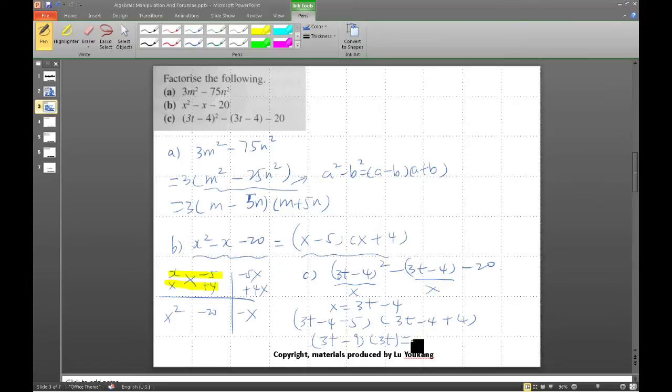Let's simplify it some more. Do you have to? Yes, you have to, because you can still take out the 3, because the question asks you to factorize. Whenever you see a common factor, you need to factor it out. Therefore, the final answer is 9t(t minus 3).